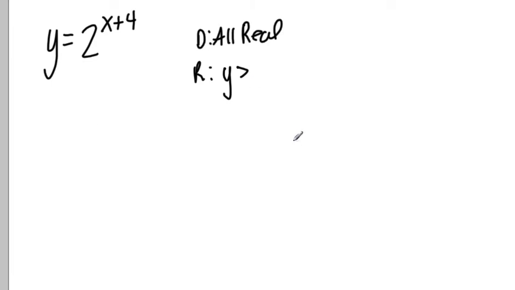So y has to be greater than 0. What's the horizontal asymptote? Y equals 0. I took the parent graph of 2 to the x and I pushed it left. That does not change the asymptote. Are you with me? Boys, I have 5 minutes.